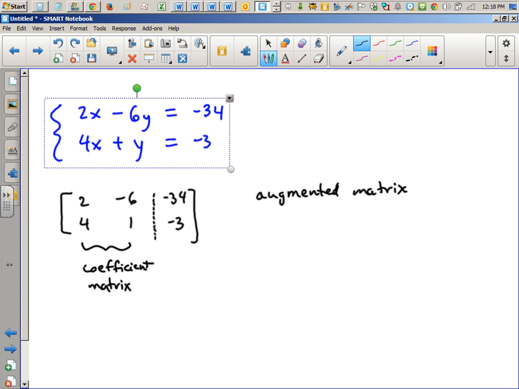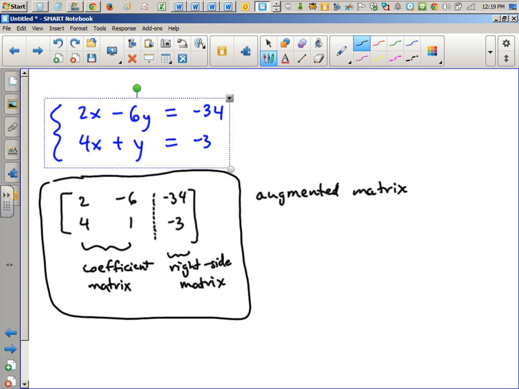And it is being connected or augmented to this matrix on the right, which I usually just call the right side matrix. I've never seen anyone really give that thing a name. Okay? So this is an augmented matrix, the whole thing. The left side is the coefficient matrix, the right side is the right side matrix. And the little dashed line, of course, is representative of our equal signs.